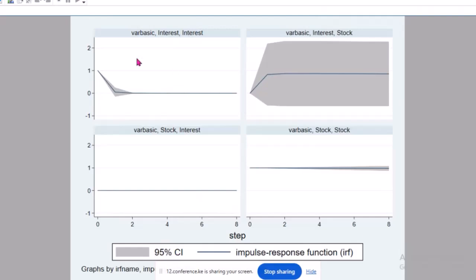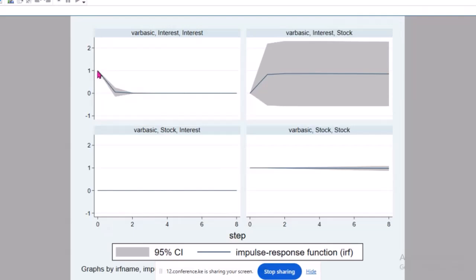Now, if we consider the first one, if we shock interest rate, how will that particular interest rate behave in the short run and in the long run? If there is a sudden change in the interest rate, we look at this graph. If it is above 0, we call it a positive change. If it is below 0, we call it a negative change. So in this case, at 0, there is a positive sudden change.